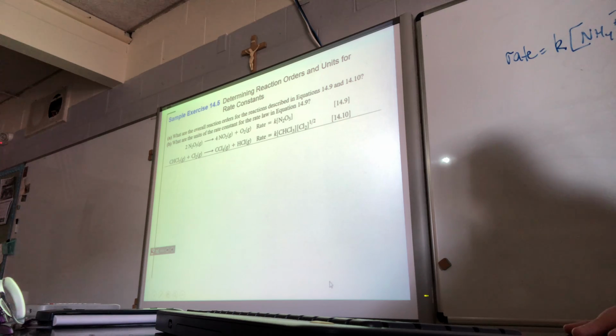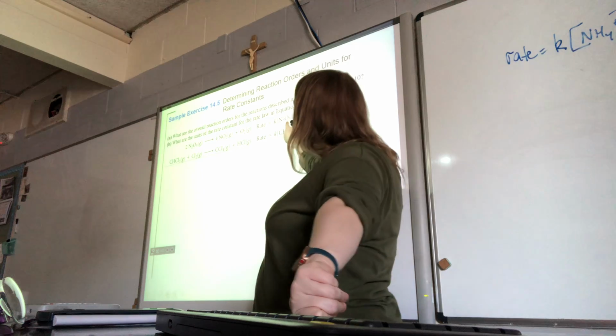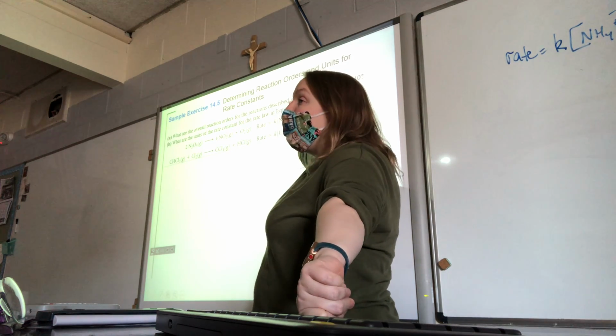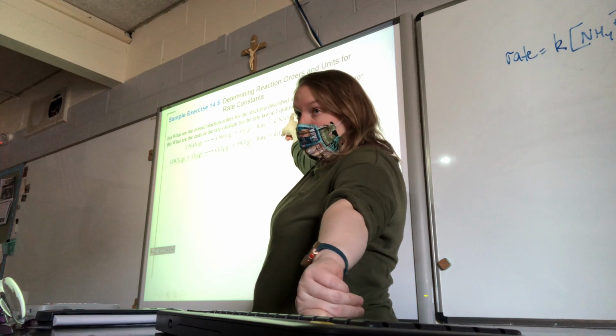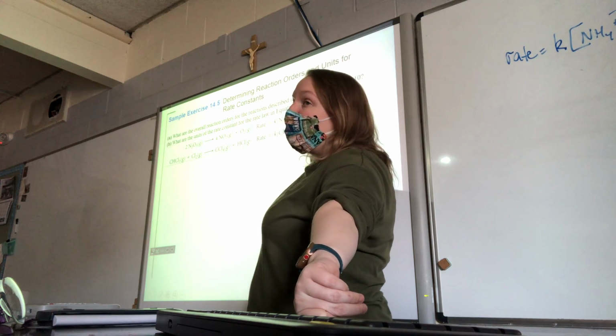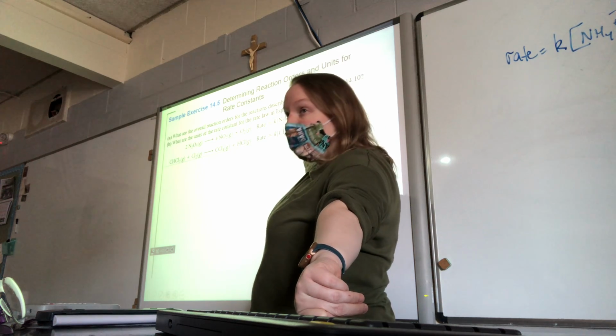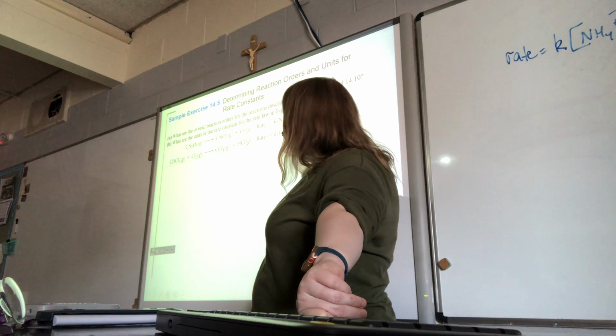We see that on the far right. For this first one, we're told that it's N2O5. The exponent would be a 1, so what's the overall reaction order here? 1. Okay? Down here, we have two things. One of them is raised to a power of 1/2, which is able to happen.